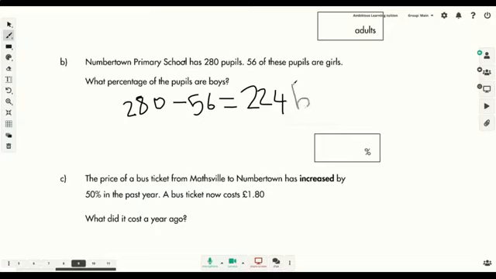They are boys, but they're asking you the percentage. To find the percentage, divide 224 by 280.